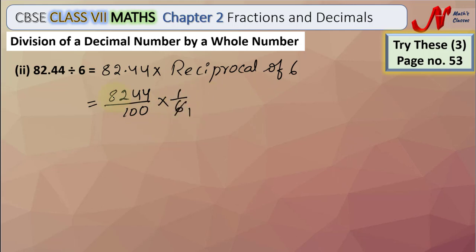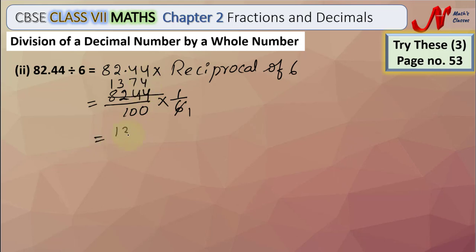Now we cancel: 6 ones are 6, remaining 2. 6 threes are 18, remaining 4, 44. 6 sevens are 42, here 2 remaining, so it will become 24. So 6 fours are 24.